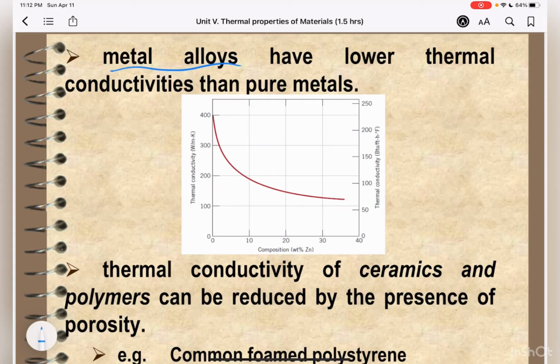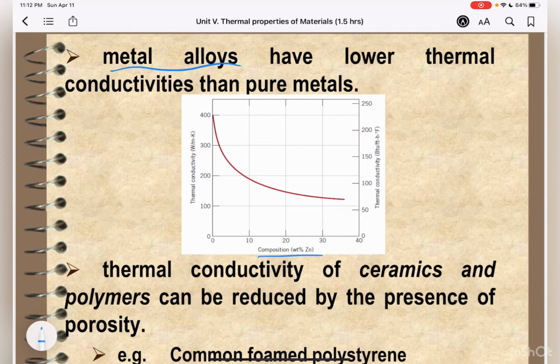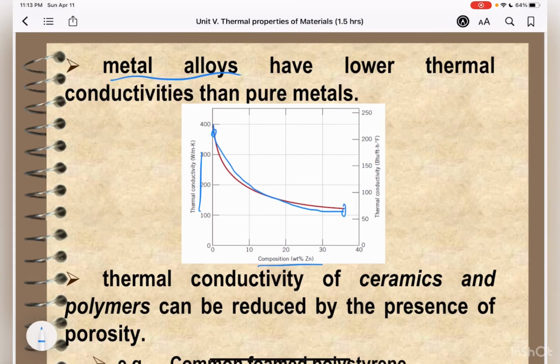One good example is shown in this figure. You have a plot of thermal conductivity versus composition for a copper-zinc alloy. Take note that the higher the zinc content, the lower is your thermal conductivity, as shown by this curve here. If it is pure copper, so 0 zinc, you have a very high thermal conductivity, almost 400 watt per meter Kelvin.